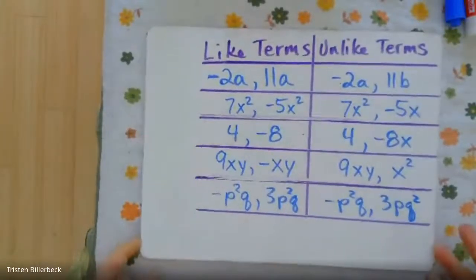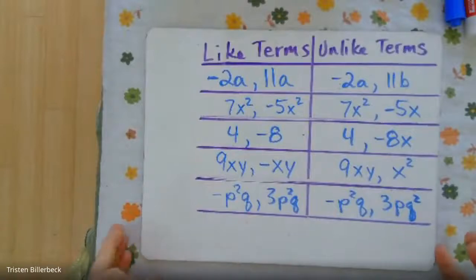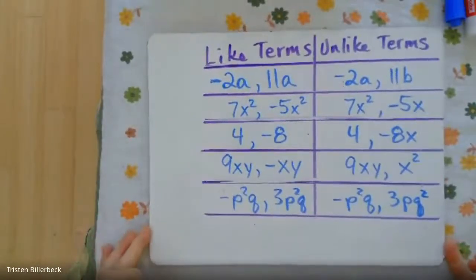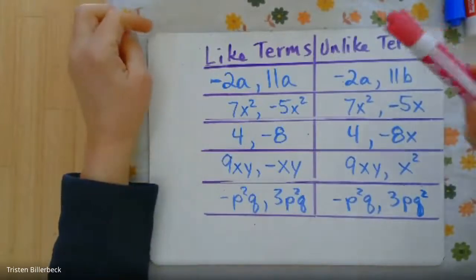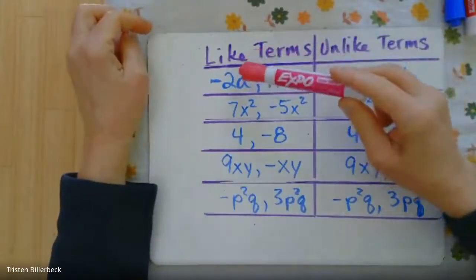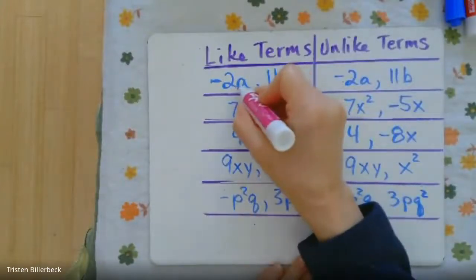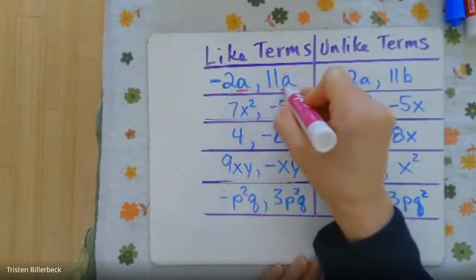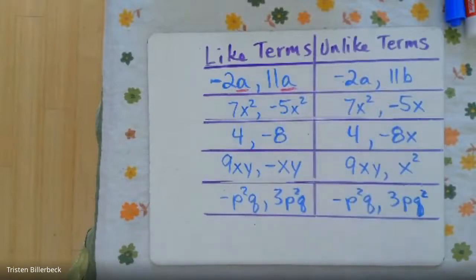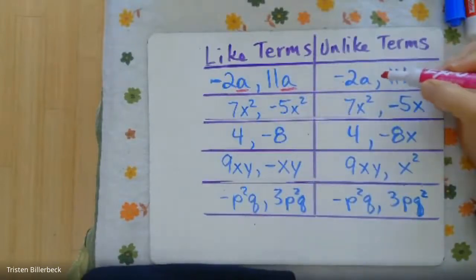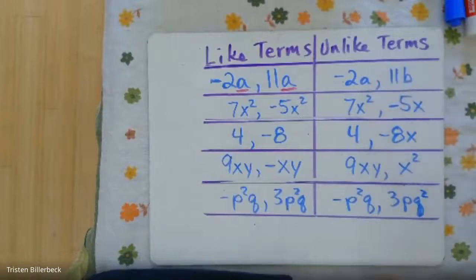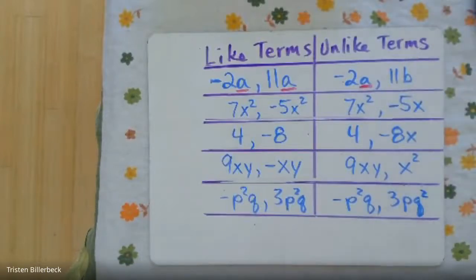All right, here's a grouping of like terms and unlike terms, just so we can work through several types of examples. So we have a negative 2a and 11a. Well, they're like because they both have an a. These are unlike because this has an a, but this has a b.